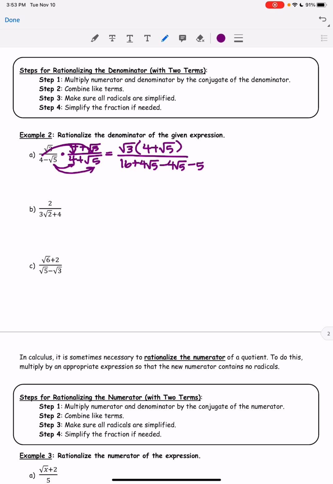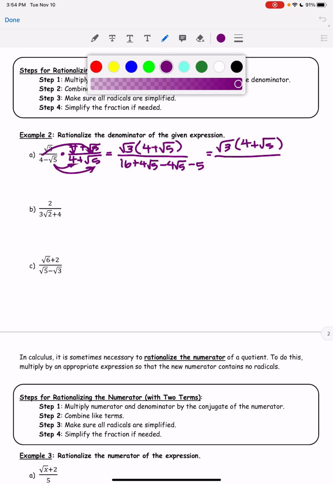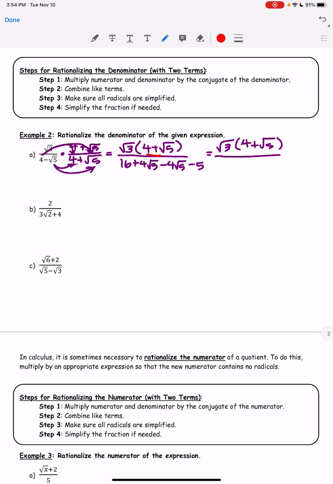Step 2, combine like terms. On the top, I can't combine anything, so I'm going to make that square root 3 times 4 plus square root 5, all over... In the bottom, if you notice, you have a positive 4 square root 5 and a negative 4 square root 5.